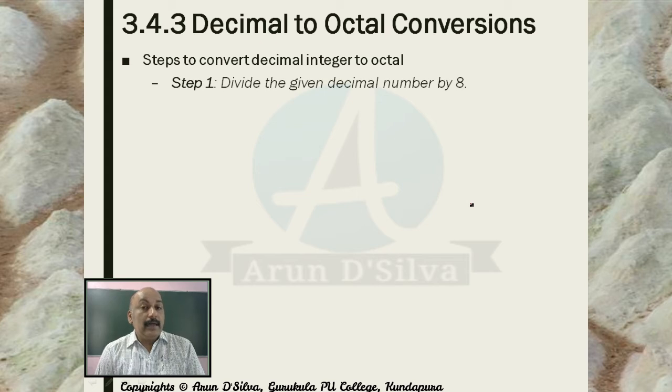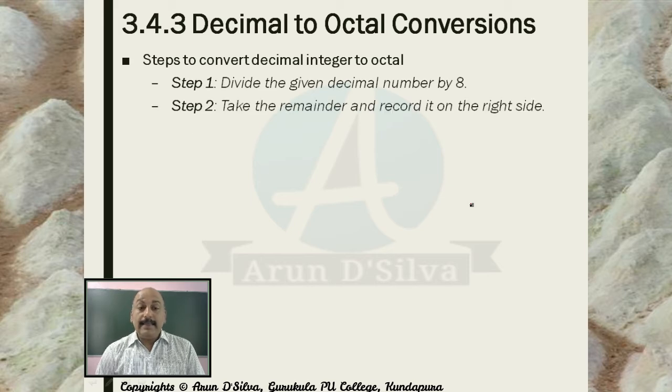When you want to convert decimal to octal, first you have to take the integer part. We have to divide the given decimal number by 8. In the second step, we take the remainder and record it on the right side.